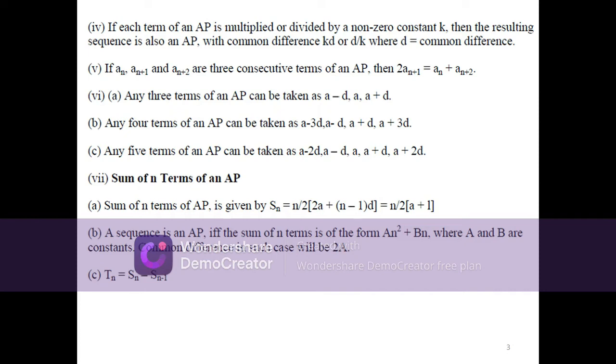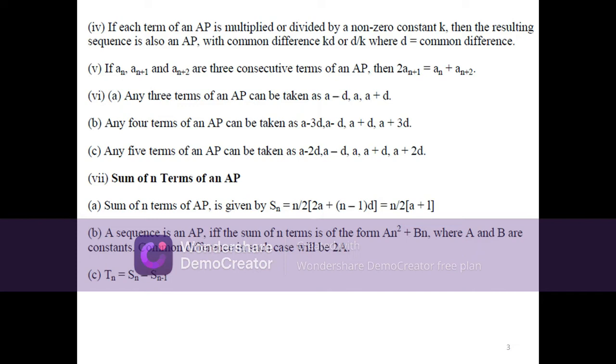The sum of n terms of an arithmetic progression is given by Sn equal to n by 2 into 2a plus n minus 1 into d, which is equal to n by 2 into a plus L, where L is the last term, the nth term.